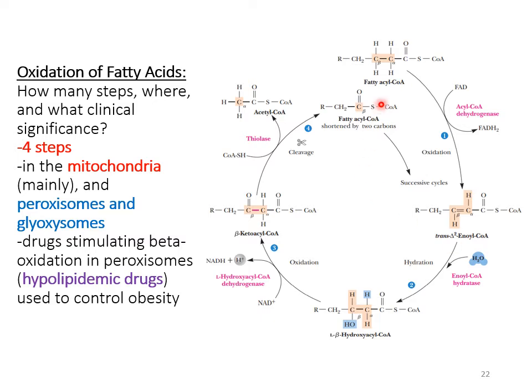As you can see, beta-oxidation is the ultimate breakdown of lipids, of fatty acids, and metabolizing them. And so that will help with obesity, reducing your storage of fat and lipids within your body.